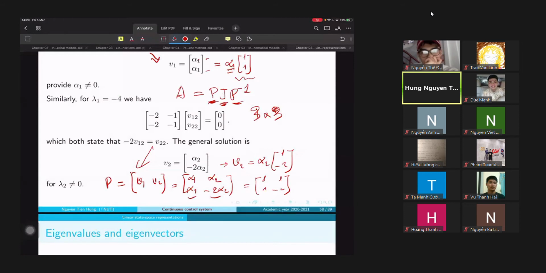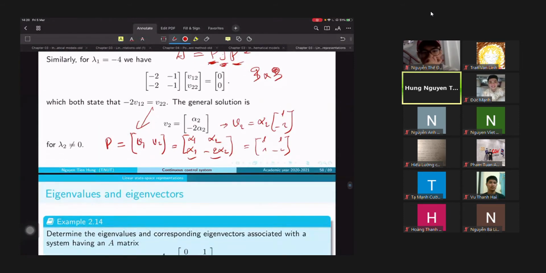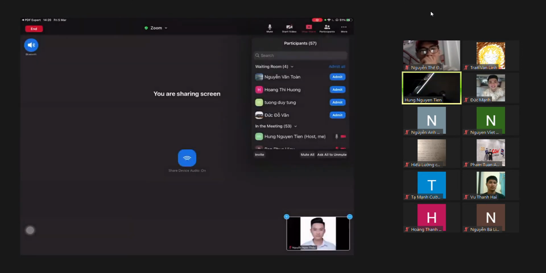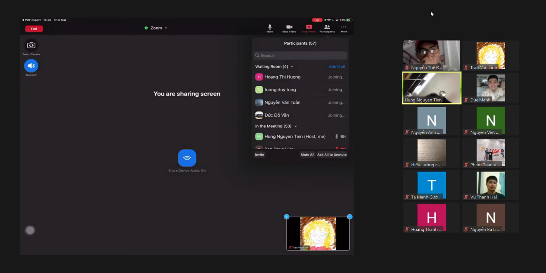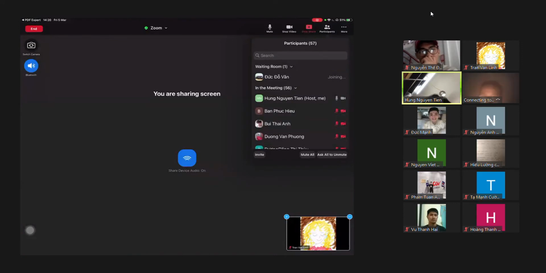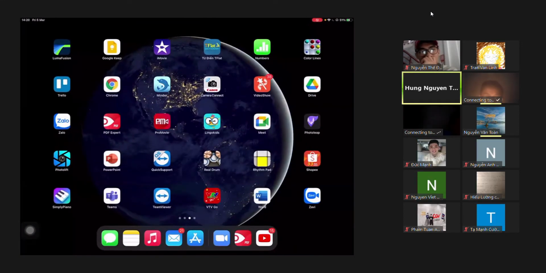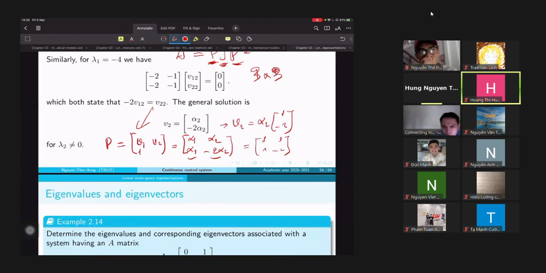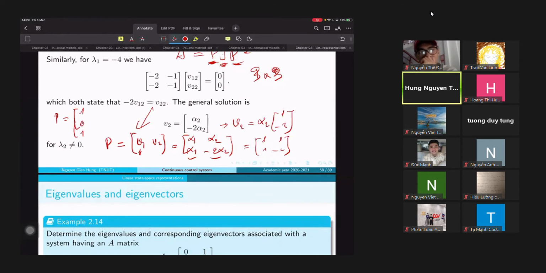If you have only 2 vectors like this, for example P is 2 vectors, so we get 1, 0, 1, 0, 1, 0, for example, like this.